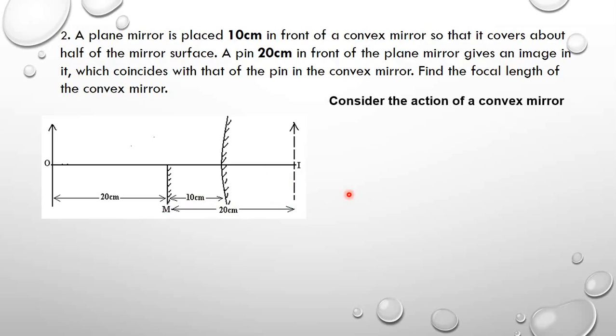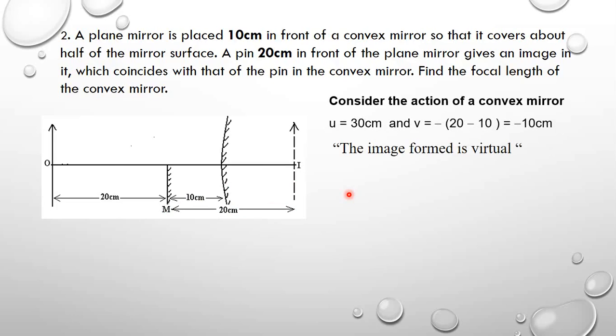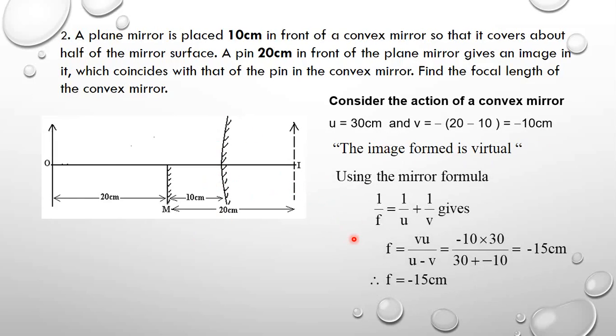And therefore, we shall use the formula. So u is 30 and v is negative 10, since the image is virtual for the convex mirror. Using the formula, 1 over f is equal to 1 over u plus 1 over v, making f the subject, we shall have vu divided by u minus v.